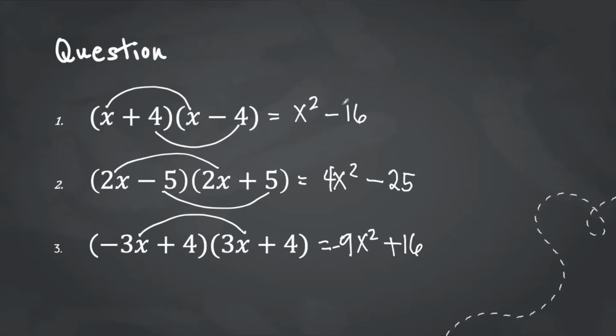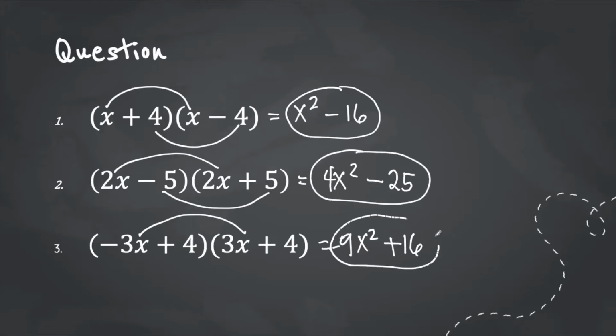Let us look at the answers. x squared minus 16, 4x squared minus 25, and negative 9x squared plus 16. And let's ask the question, what do we get when we multiply the sum and difference of two terms? What can you observe with the three answers here?